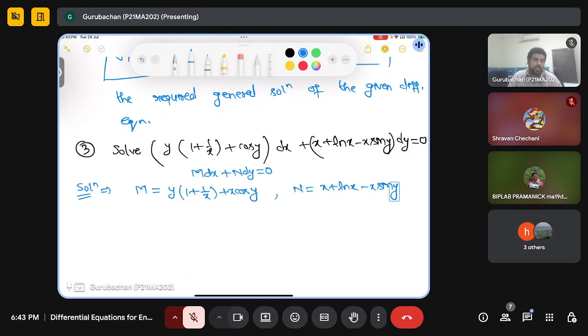So in order to check whether the differential equation is exact, we need to calculate del M by del y and del N by del x, and you have to compare them. If they are equal, then the equation is exact. Therefore, what is del M by del y? It will be 1 plus 1 by x minus x sin y.